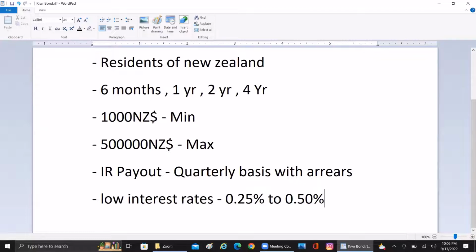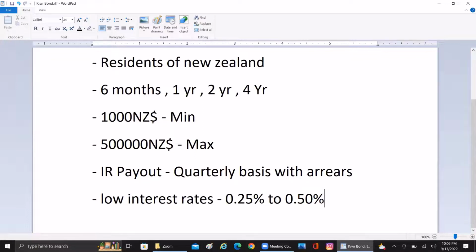If it's a 6 month or 1 year bond, the interest rate comes close to 0.25 percent. If it's a 4 year bond, the interest rate will be up to 0.5 percent. This varies based on the economic value and other market factors, which are controlled and managed directly by the government of New Zealand.